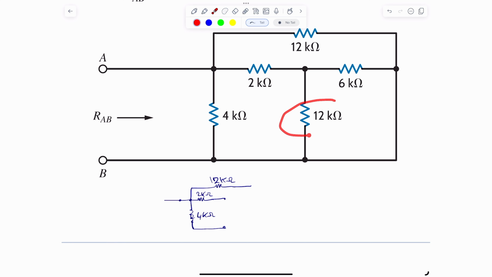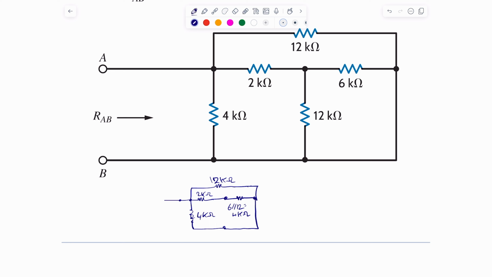For example, you can remove the 12 and keep the 6. I'll just basically redraw it with the 6 in here, and I have this node, and of course this is still the same. Again, what I did is I removed this and kept the 6 kilo ohms, and I know that this particular resistor, the new one, is simply 6 in parallel with 12, which is simply 4 kilo ohms.